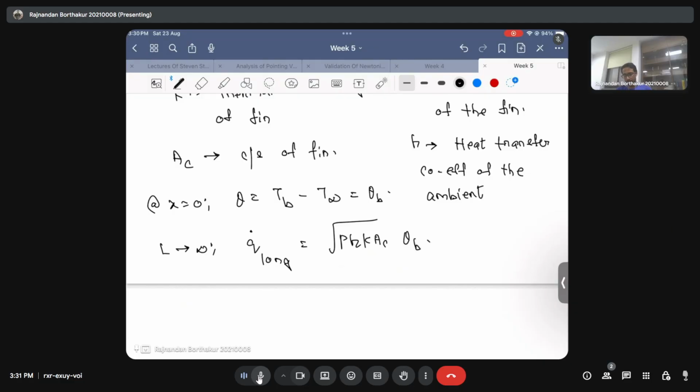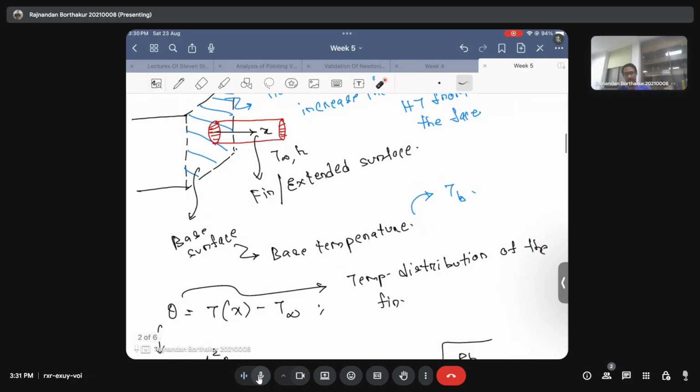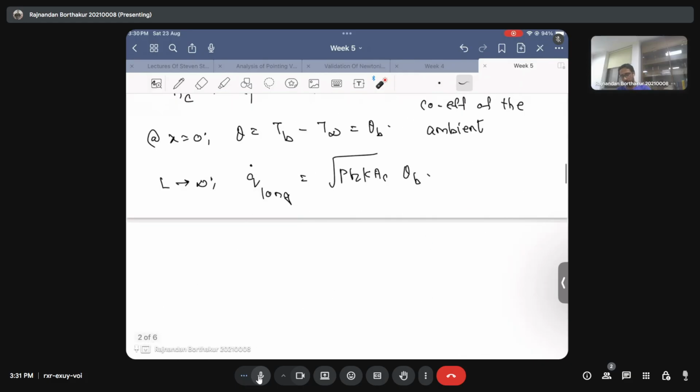Similarly, instead of having a long fin, if you use the fact that the tip of the fin is insulated, this is known as the insulated tip boundary condition. You have seen that. So this is for the long fin.